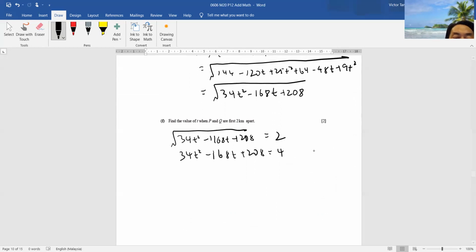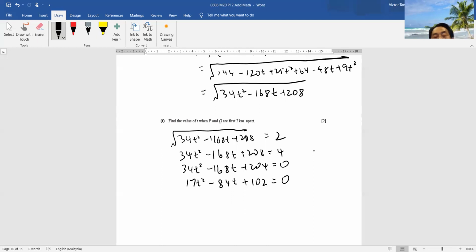So you have 34t squared minus 168t plus 204 equals 0. Then you can divide by 2: 17t squared minus 84t plus 102 equals 0.